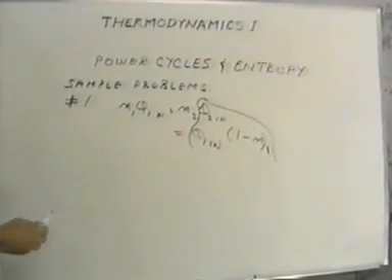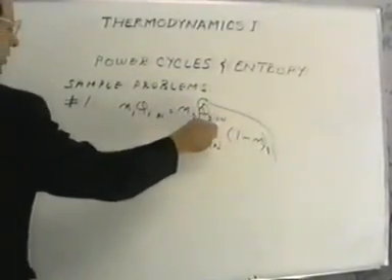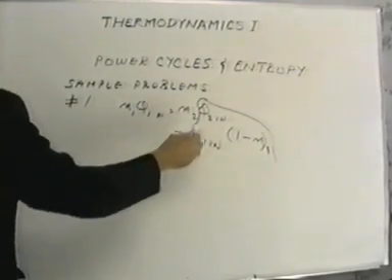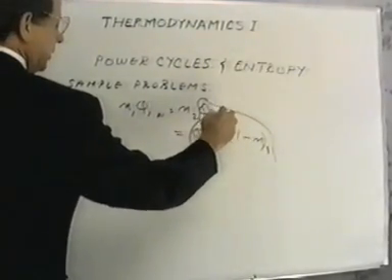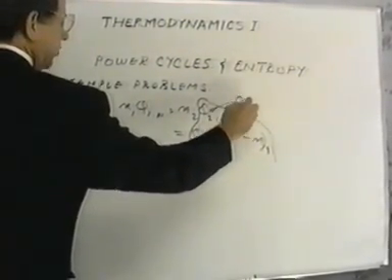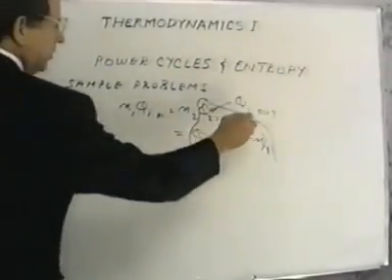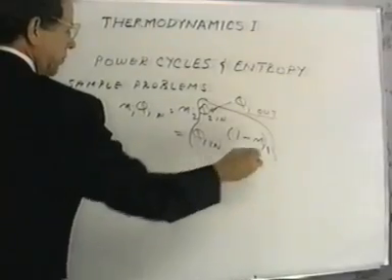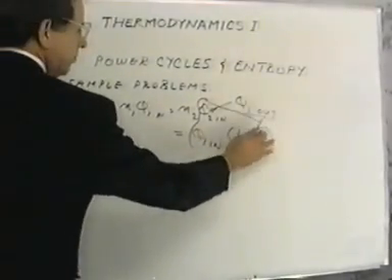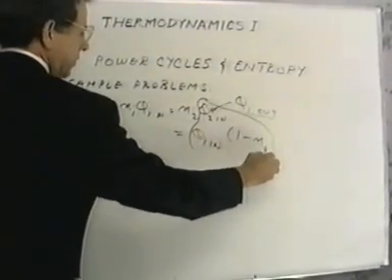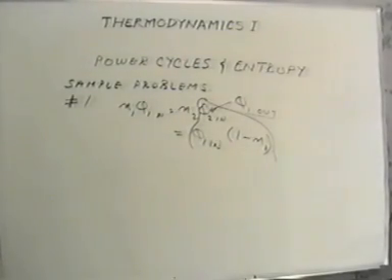Why is that so? Because the input to engine number 2 is the output of engine number 1. But the output of engine number 1 is the input times 1 minus the efficiency, 1 minus eta sub 1, like this.